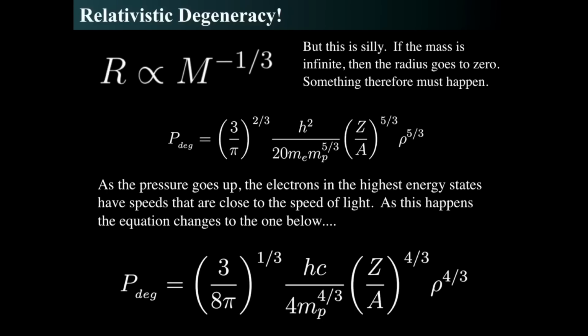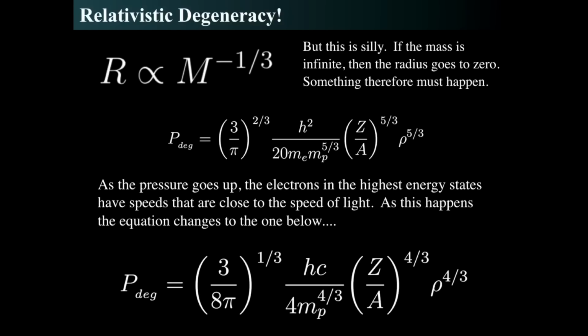So there must be a limit to the total amount of stuff you can pile onto a white dwarf, because if you give it too much energy and too much stuff, the density goes up. As the density goes up, the energy goes up. And eventually some of the electrons will have so much energy that they're almost going the speed of light. Once you get there, it's called a relativistic degenerate gas. That's what we see at the bottom, which is basically P_DG, a relativistic degenerate gas, and it goes as the density to the 4/3 power.